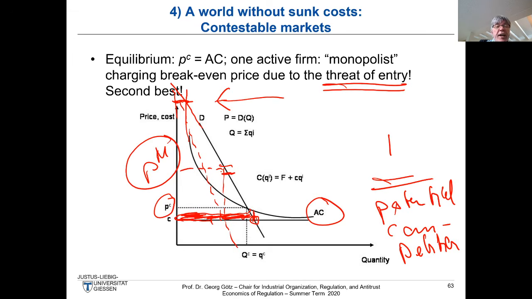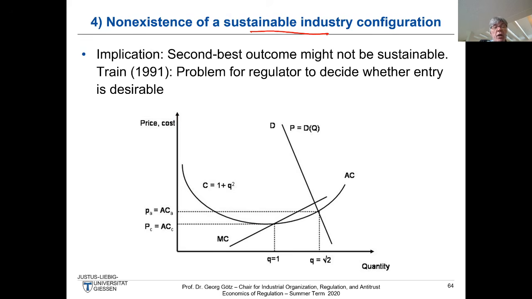On the previous slide, you saw that the average cost curves are downward sloping in the whole relevant range. Remember, we discussed on Tuesday what the relevant range is. If the demand function were going through here, we would also have a downward sloping average cost curve in the relevant range.